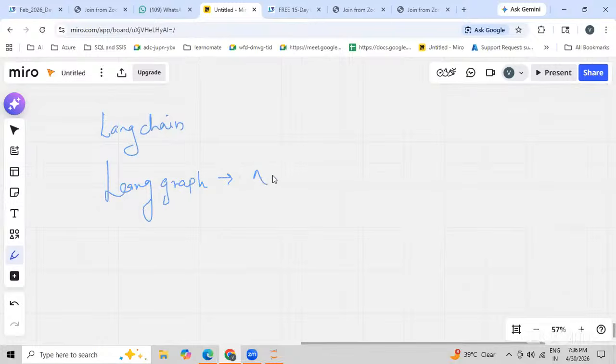This is an advanced version of LangChain. We can say LangGraph is built on top of LangChain.